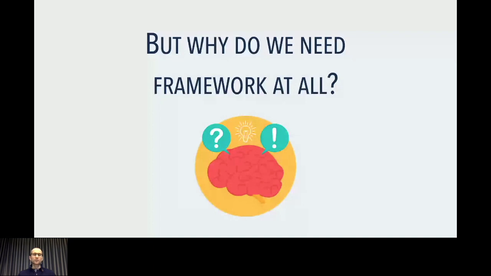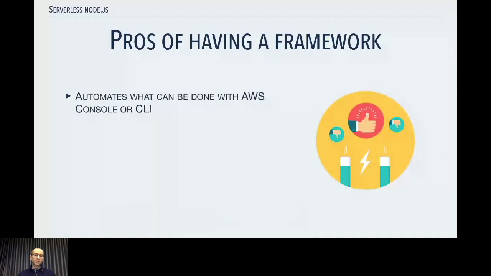We don't need to use AWS console nor CLI. We don't need to type a lot of various commands. That framework actually can do it for us with some more comfy commands. They usually have some abstraction on those commands, so we can just like run serverless deploy and it does all the stuff.